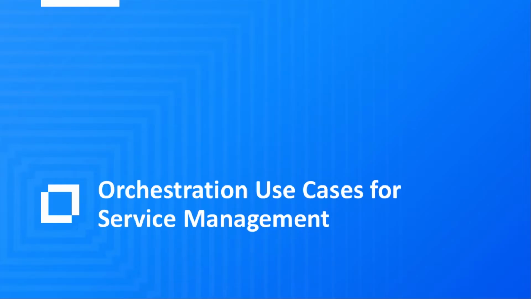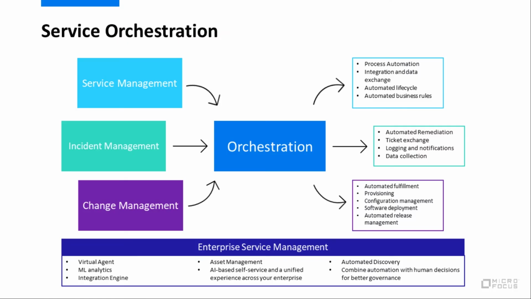Now let's see a few use cases for service management. Orchestration, as I said, is an important piece that helps you to enhance your service management, your incident management, and your change management.